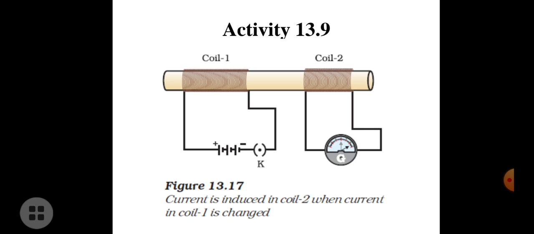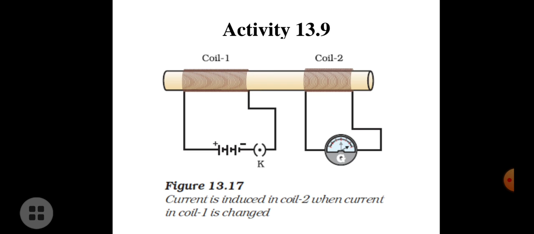And as the current starts increasing, as we discussed in earlier lectures, the more the current, the more is the magnetic field associated with the conductor. So as current increases from 0 to maximum value, the magnetic field also increases from 0 to maximum value. And as the magnetic field is changing, it means the magnetic field lines are also changing.